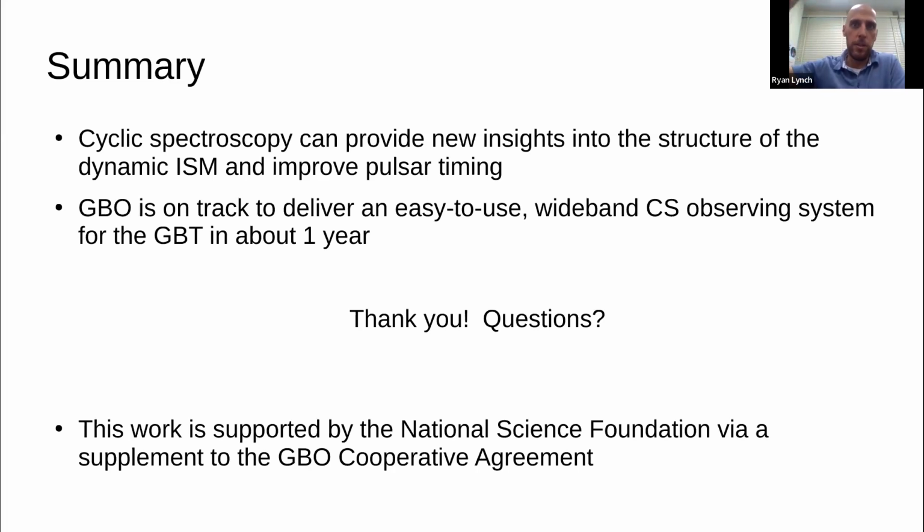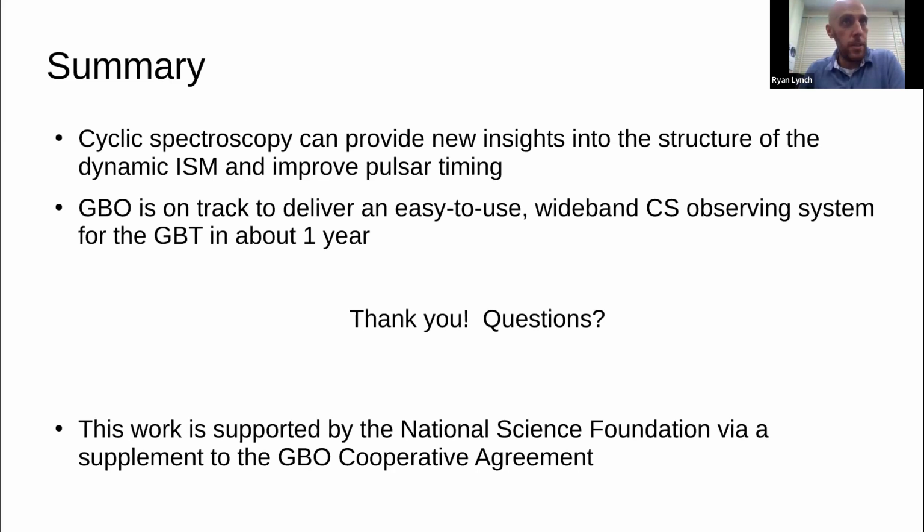Remember I said that you get these bright patches in both time and frequency. As the pulsar and the Earth are moving through the ISM, you get different lines of sight through the ISM and different scattering properties. As that changes, eventually things decohere, and you want to limit your observing time to something like, it depends on the pulsar, maybe a few minutes.